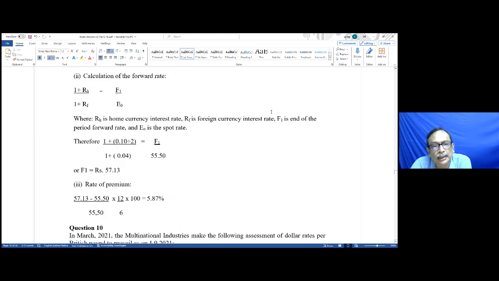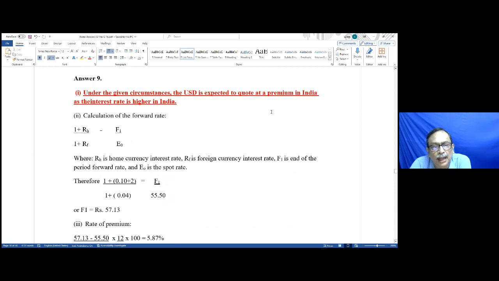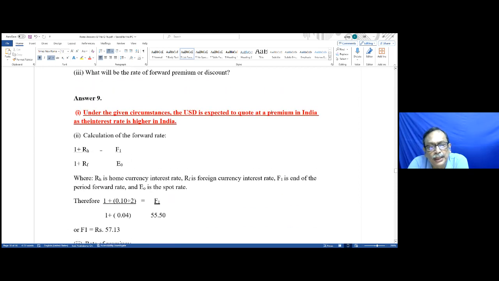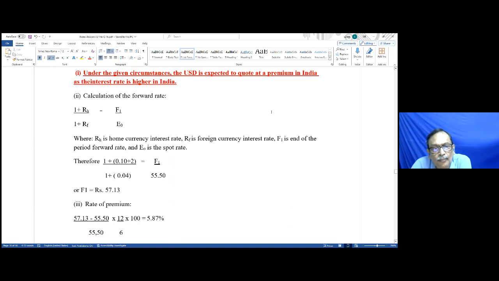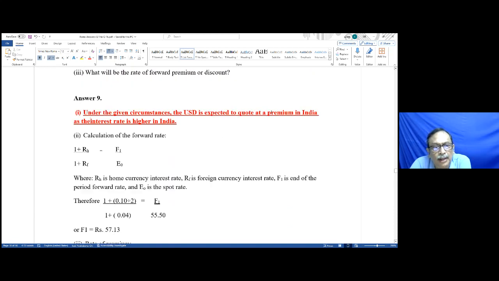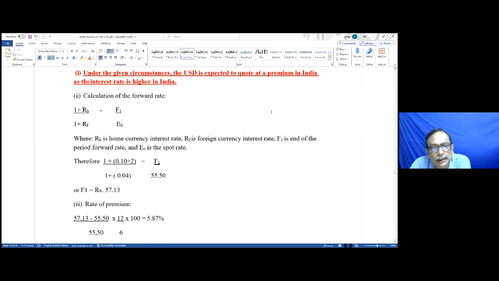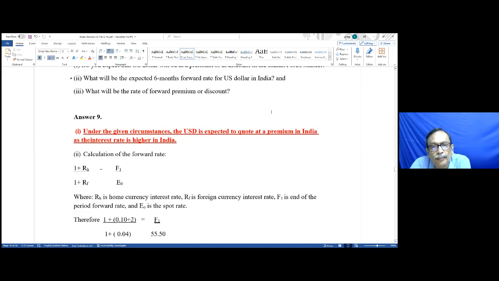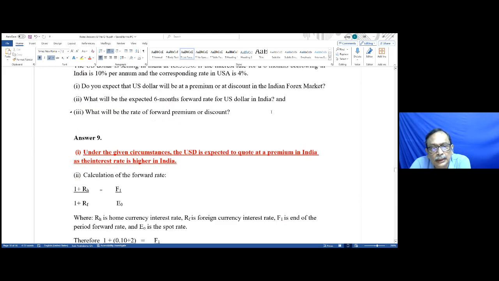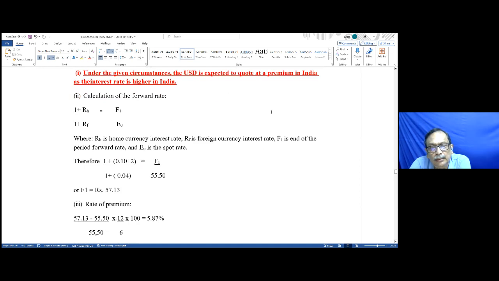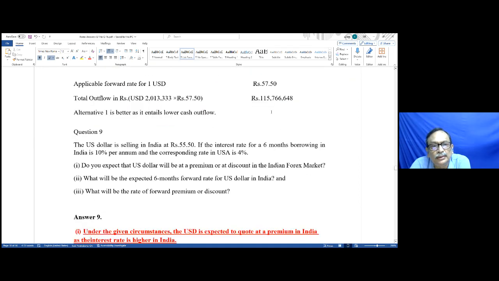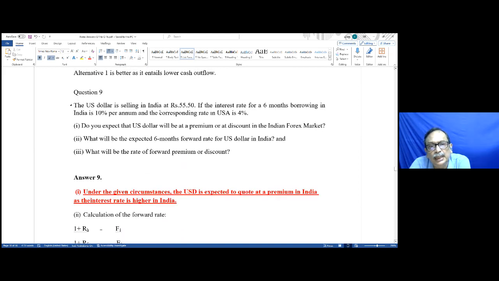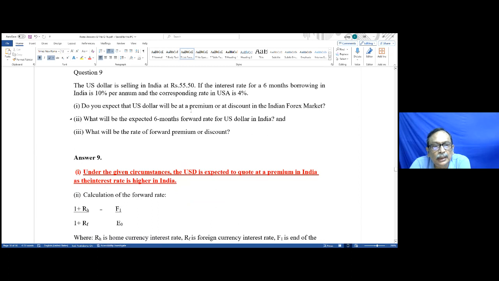So that's why it will be (1 + 0.10/2) / (1 + 0.04/2), okay, is equal to F_1 / 55.50. The US dollar is selling in India at 55.50.